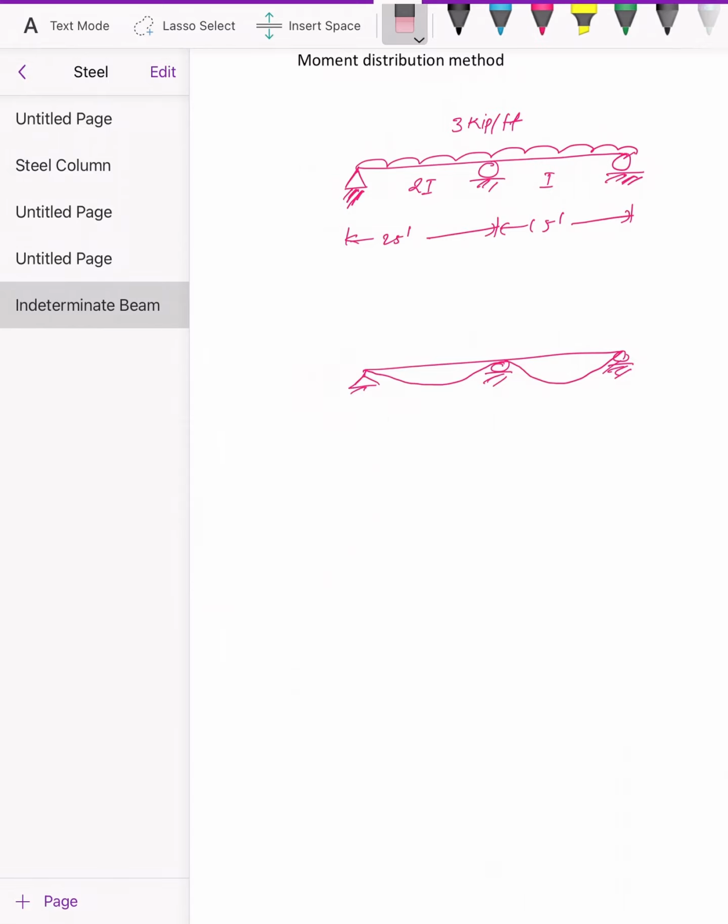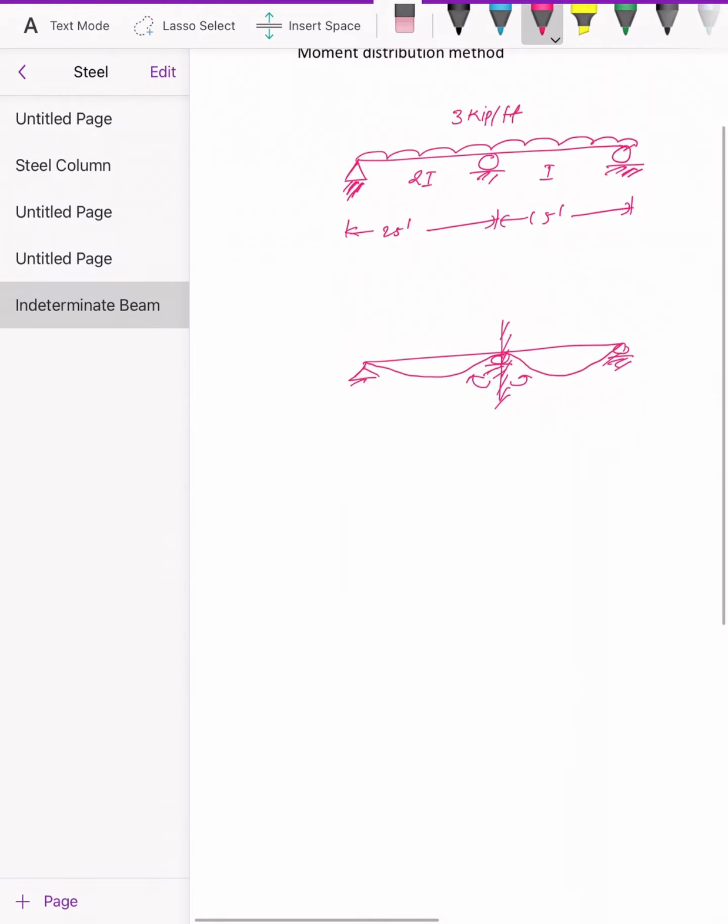No, we don't have a fixing moment here. We have the fixing moment here because when we put the load, the beam tries to rotate and deflect this way. So in order to prevent that, we have the end moment, the support moment, the fixing moment, to overcome this, so this support will act like a fixed support.